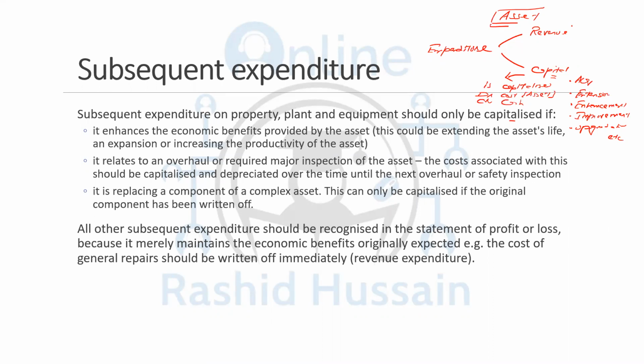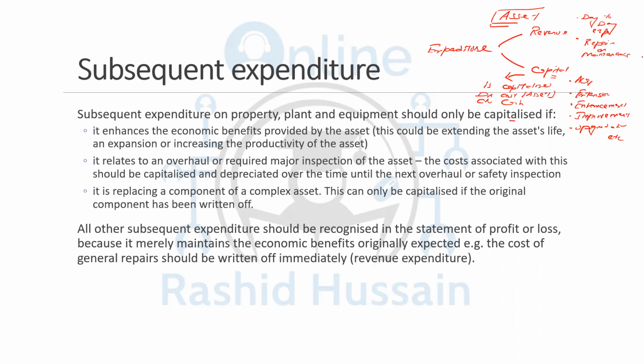The revenue expenditure is when you have the day-to-day expenses. For example, when you talk about the purchase of inventory, it's the revenue expenditure because it's a day-to-day expense. And similarly, when you have an expenditure on the non-current asset which is related to the repair or maintenance.